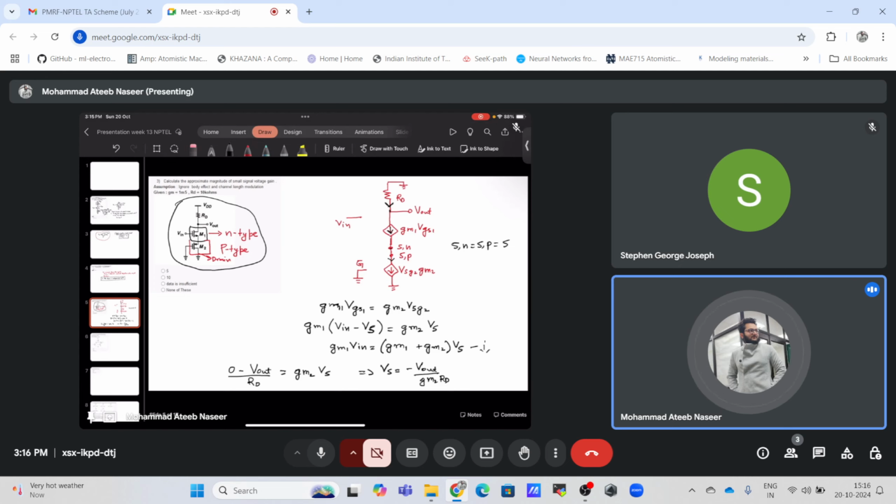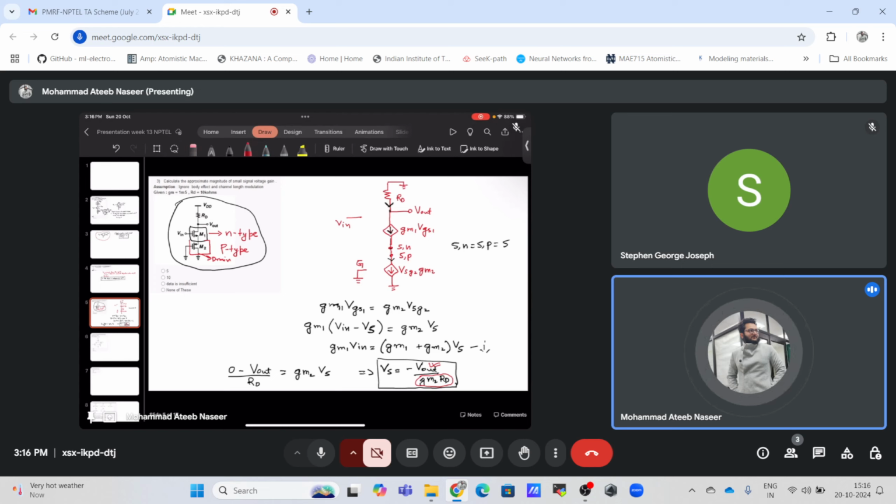You can clearly see that the units are being satisfied over here. Most of the time, students make silly mistakes while solving circuit problems, so this is a small check. This gm has units of Siemens, which is the inverse of resistance, and this RD has the units of ohm. So overall this quantity in the denominator is unitless, and the quantity thus has the unit of voltage.